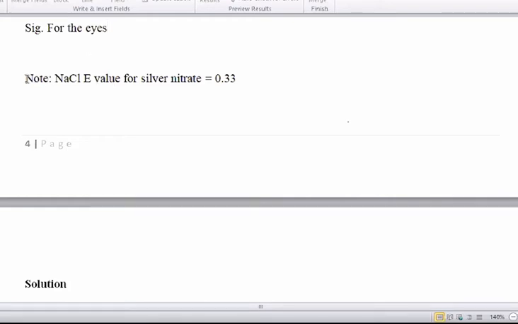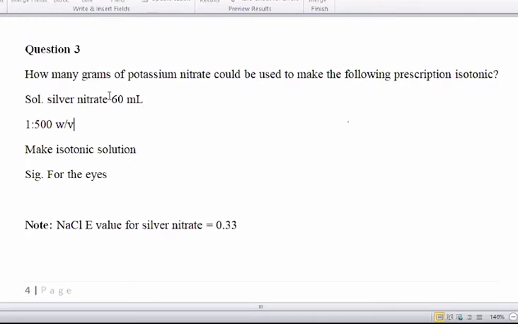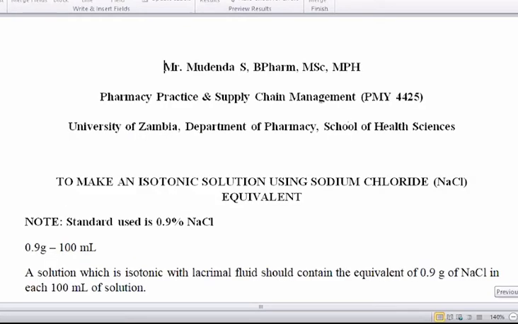Take note, the sodium chloride E value for silver nitrate is 0.33. When you see the E value, just know that there are things to do with step 1, step 2, step 3, and so on. Then you go back. What are we preparing? We're preparing 60 mils of this 1 to 500 weight in volume solution.